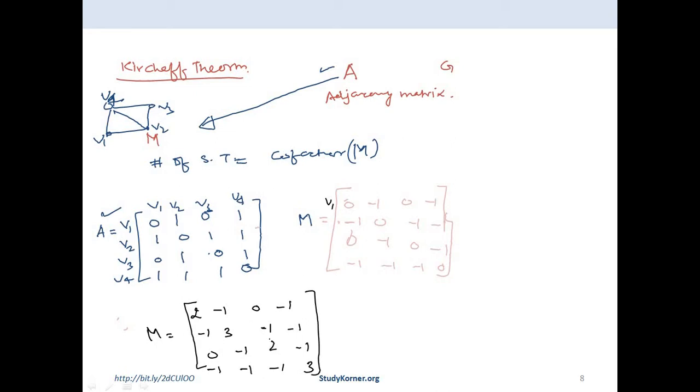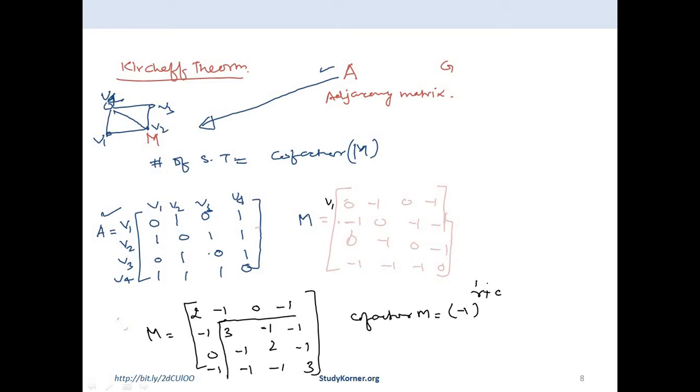Now these are my diagonal elements. Now I calculate the cofactor of M, which is given by minus 1 to the power row plus column, that is r plus c. Now I have here some number of rows and columns. If I take a cofactor of this matrix, I skip the first row and first column.